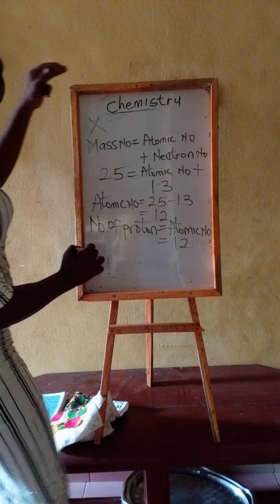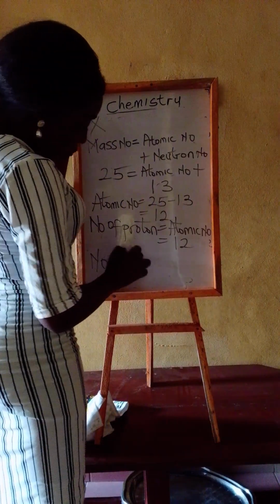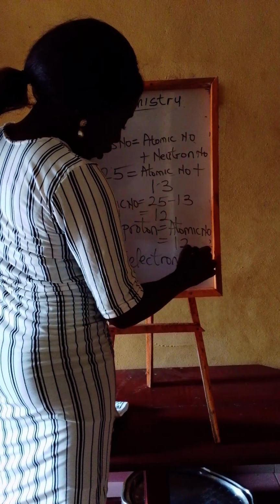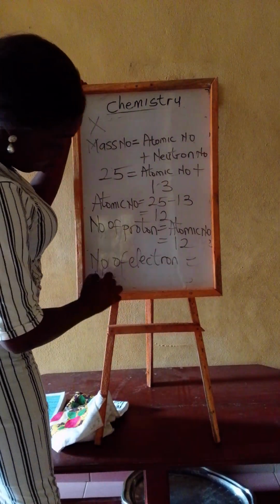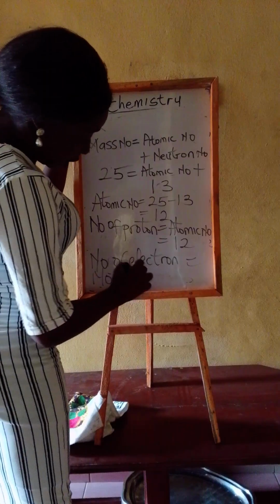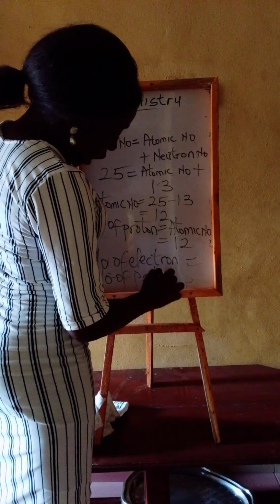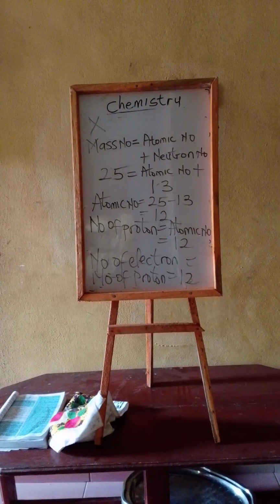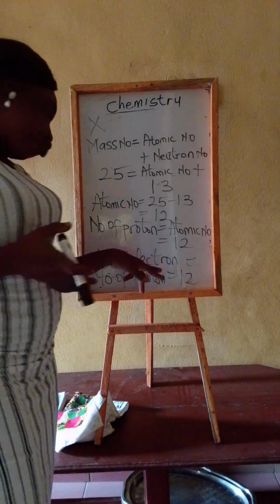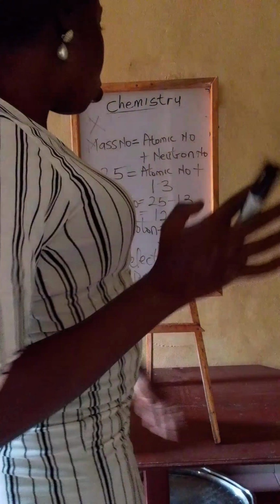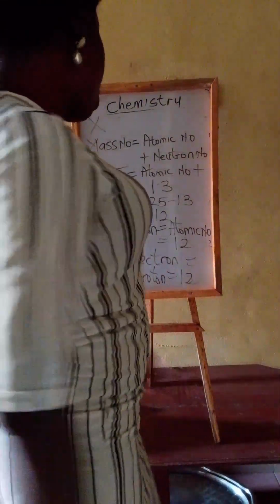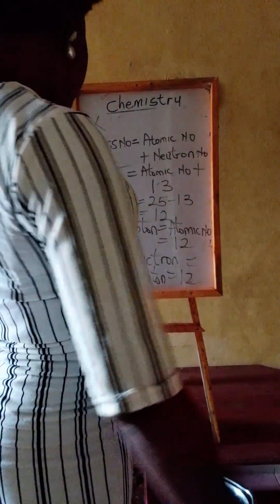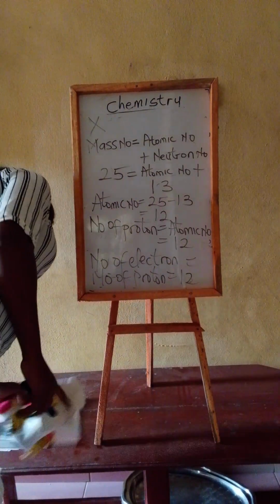The number of electron equals number of proton, which equals 12. So number of electron equals number of proton, and number of proton is 12.